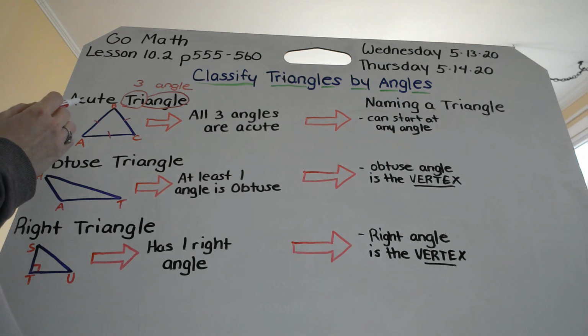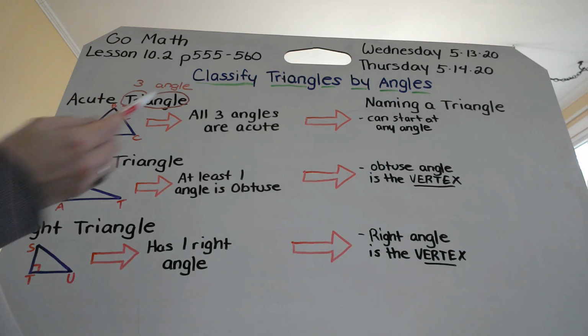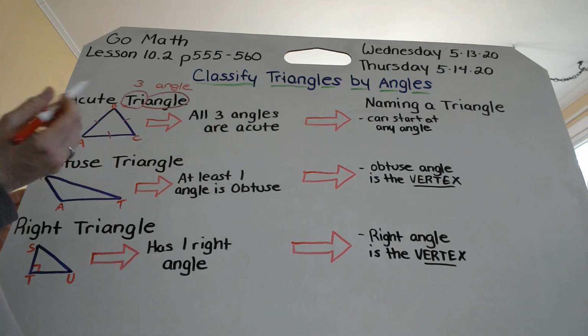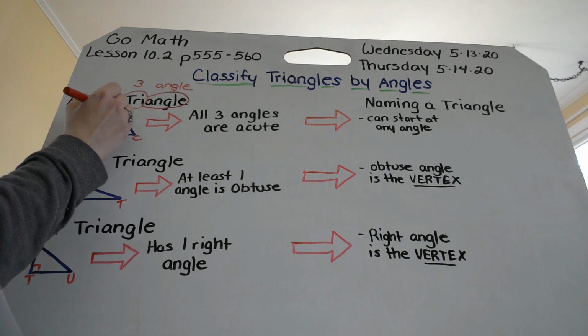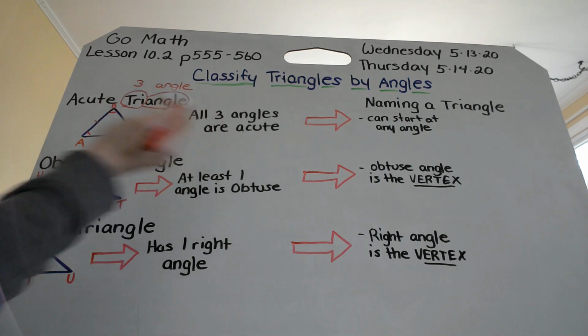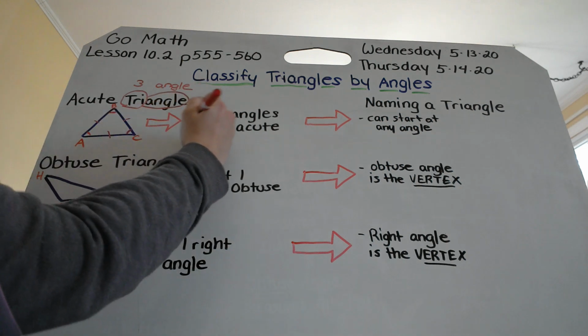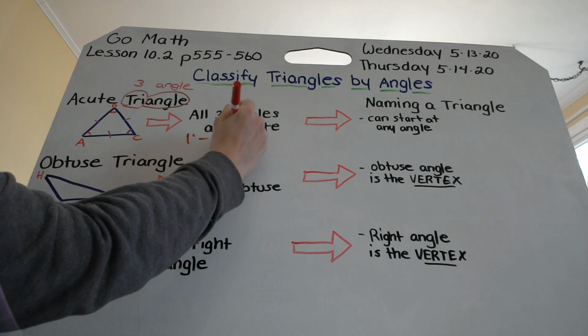Okay, an acute triangle. This is an example of an acute triangle. All three of these angles are acute. And when I say angle, I mean these right here. Remember when we measure an angle, we are measuring this little opening right here. So all three of the angles are acute, which means they are 1 degree to 89 degrees.